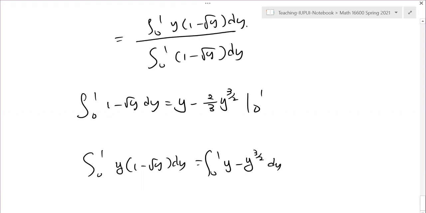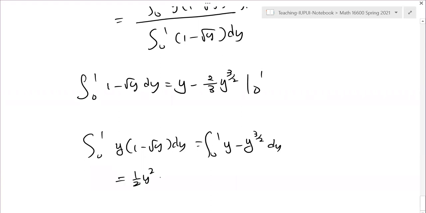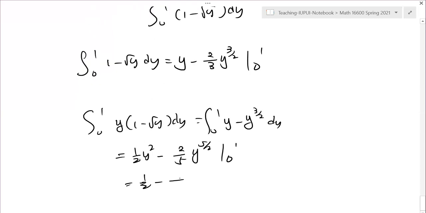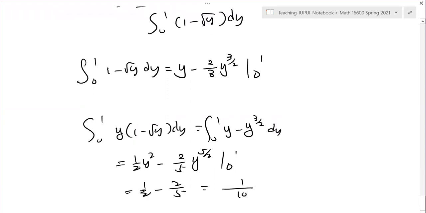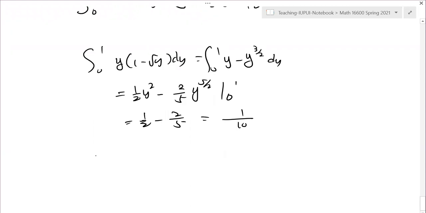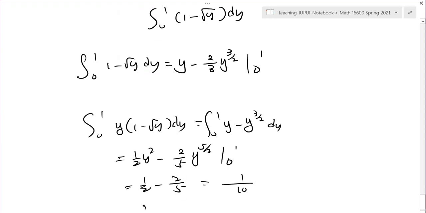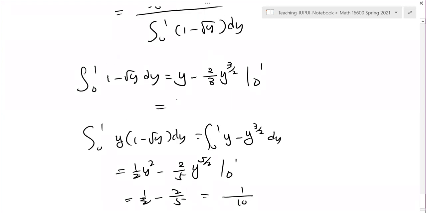Let's find the antiderivative: half of y squared minus 2 over 5 y to the 5 over 2, from 0 to 1. So now it's 1/2 minus 2 over 5, and that is going to be 1 over 10, because 5 minus 4 is 1. So my y bar is going to be 1 over 10 divided by 1/3.